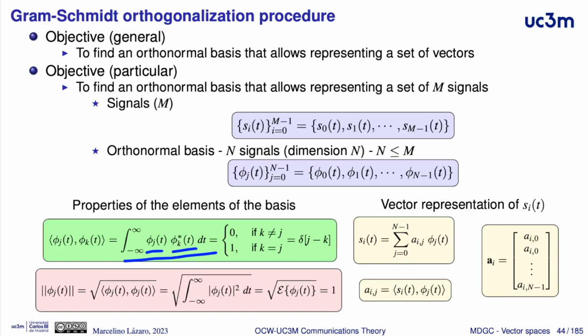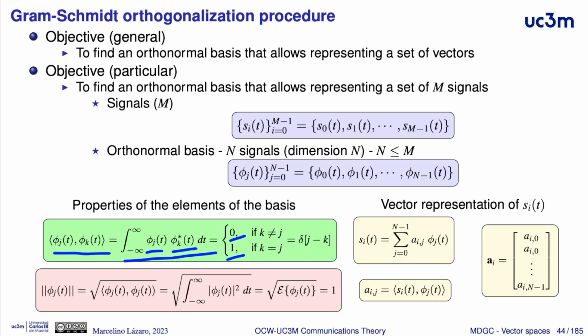Taking into account this definition and considering the properties of an orthonormal basis, the inner product between phi j and phi k will be 0 for every pair of different elements in the basis, and the inner product of an element of this basis with itself will be equal to 1 to have an orthonormal basis.